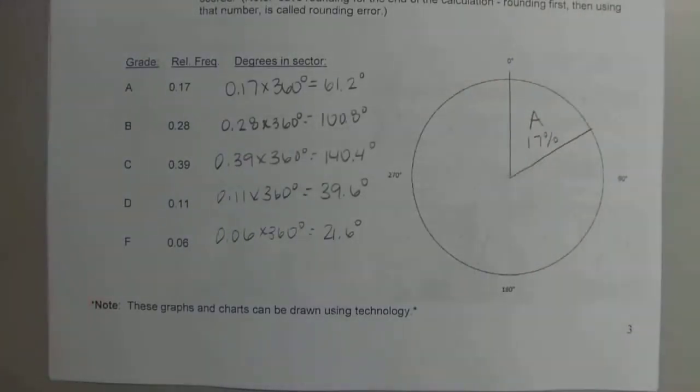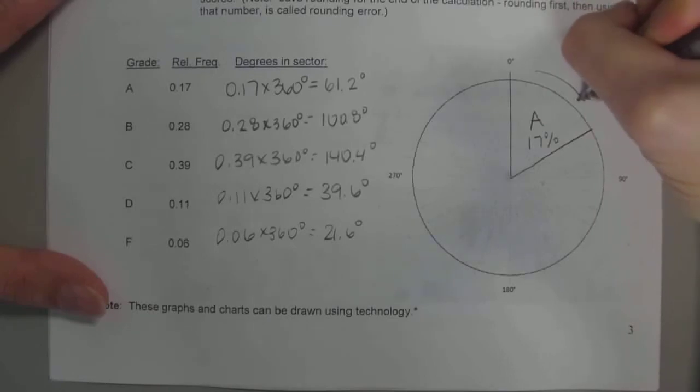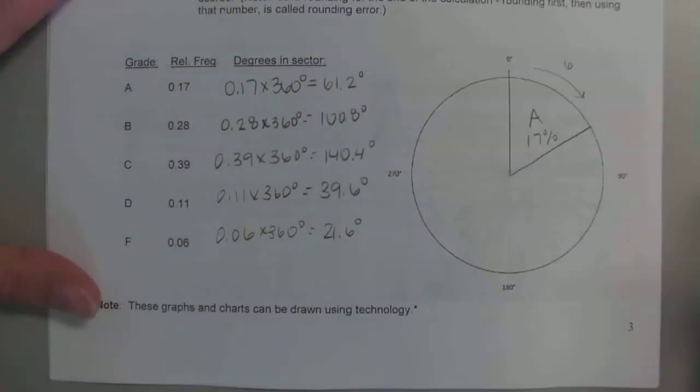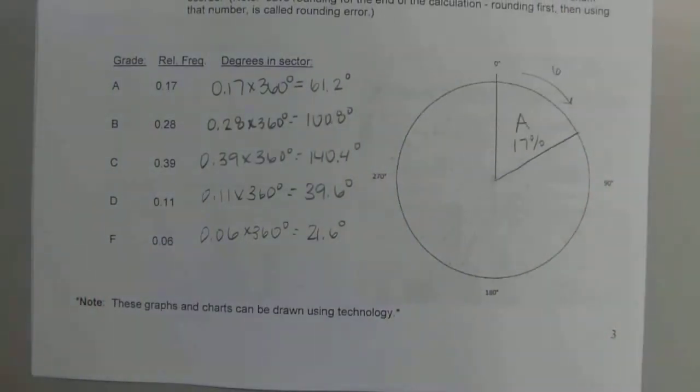And this is where you might throw in 17% or something like that, or it might be a certain color. Or if you're crafty, shade it a cool way. Do you guys agree? Does everybody see what I did? So I just went 6. All right, 100.8 is basically 100 degrees.